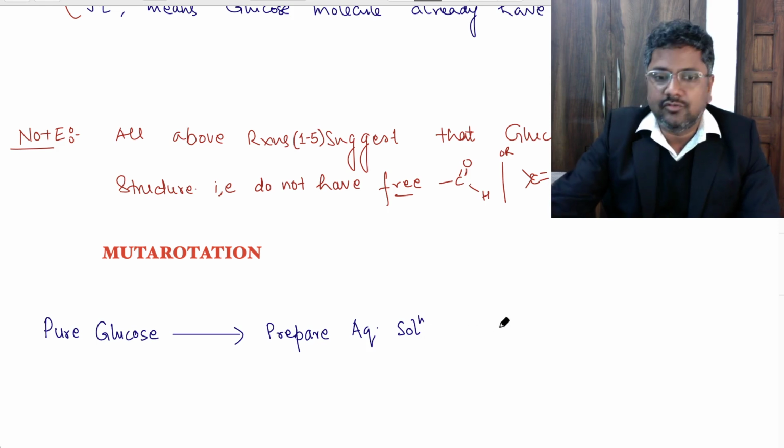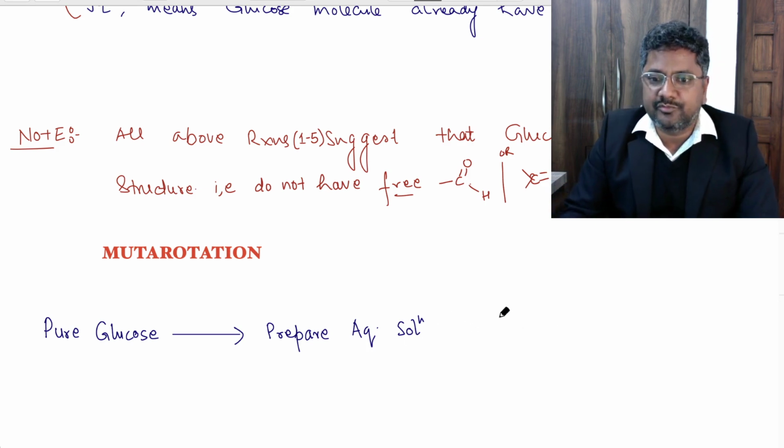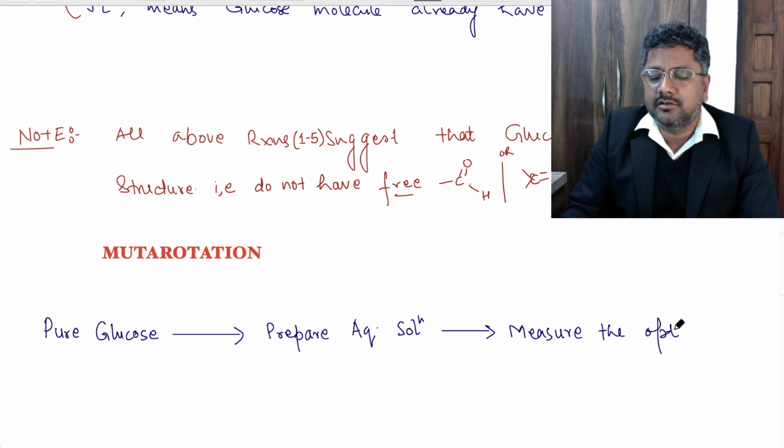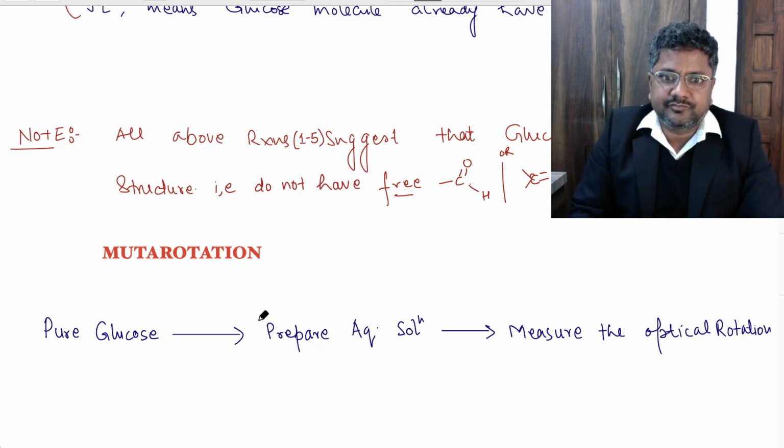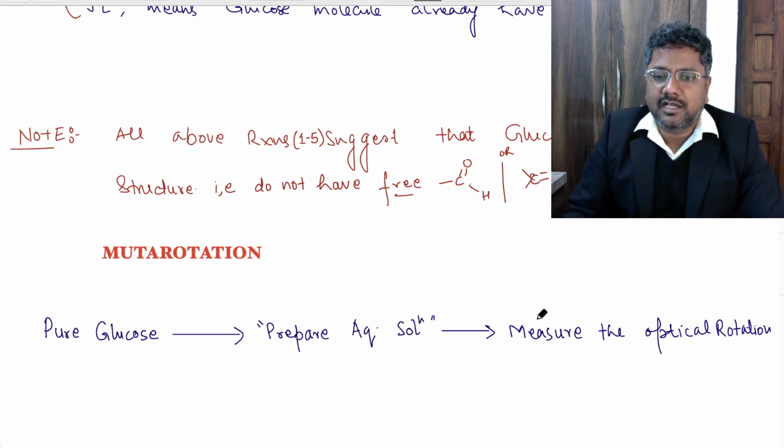This glucose is an optically active compound, so measure the optical rotation. So take the pure glucose crystals, prepare its solution, and immediately measure the optical rotation.